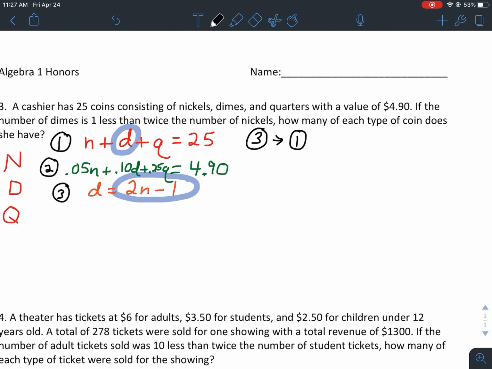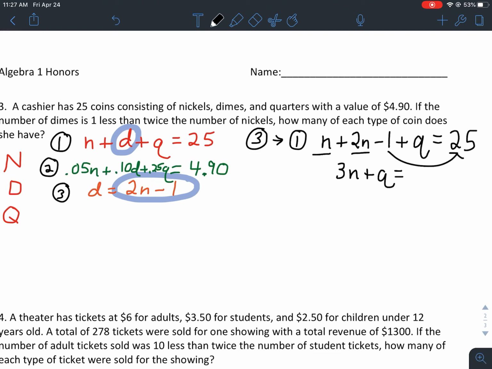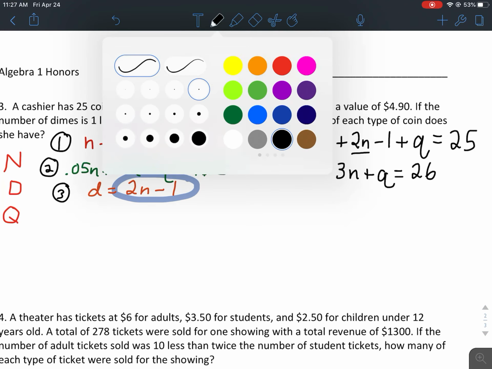When I do that, I end up getting n plus 2n minus 1 plus q equals 25. When I combine like terms, I get 3n plus q. I'm also going to move the minus 1 to the other side, so I'm going to add 1 to this, so that'll be 26. So there's an equation right there in terms of n and q.